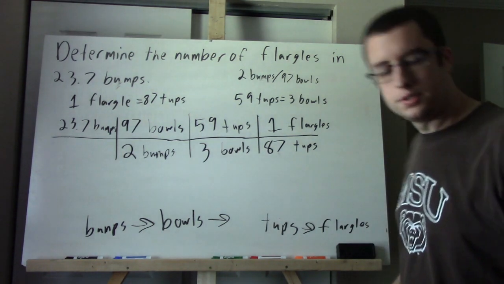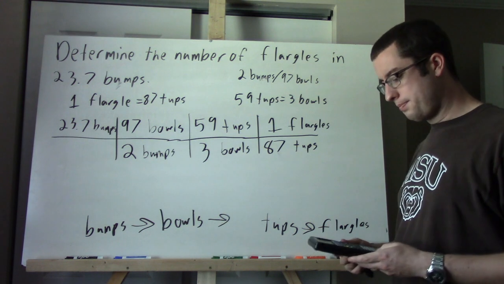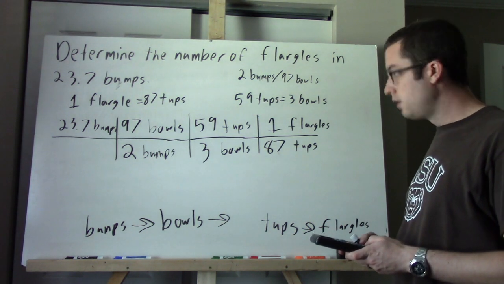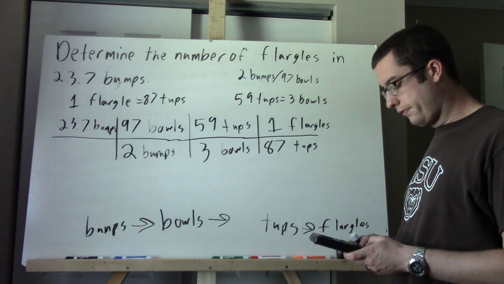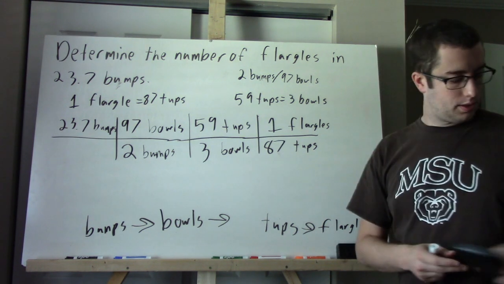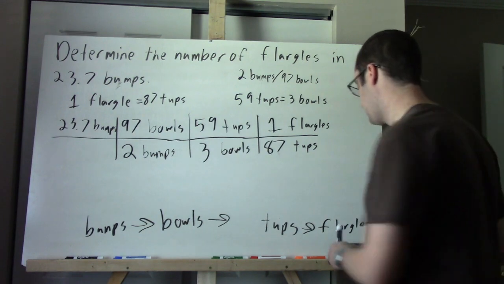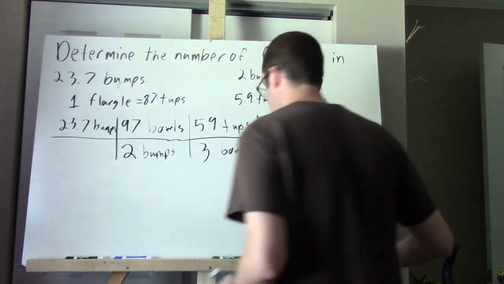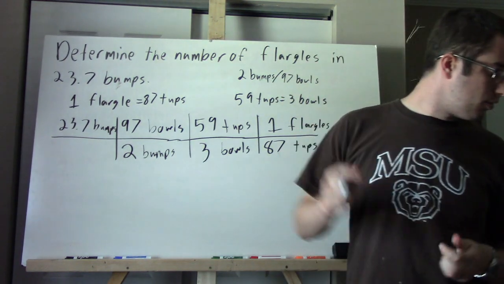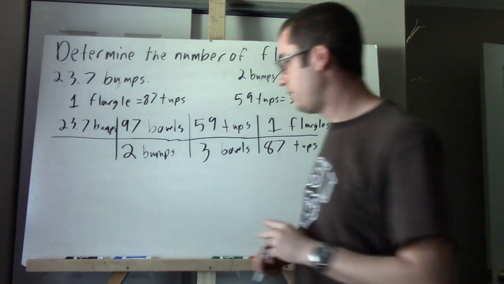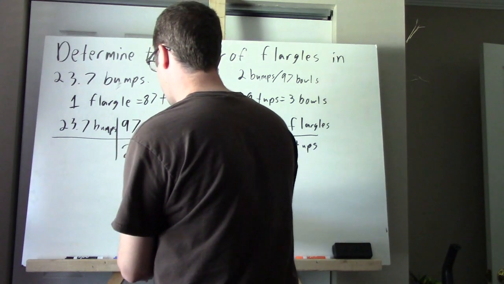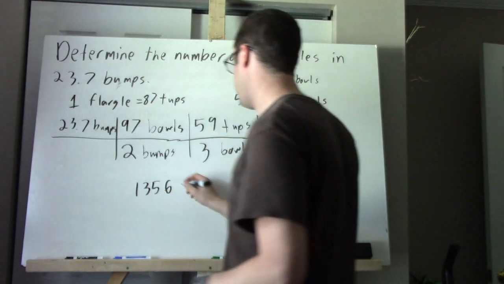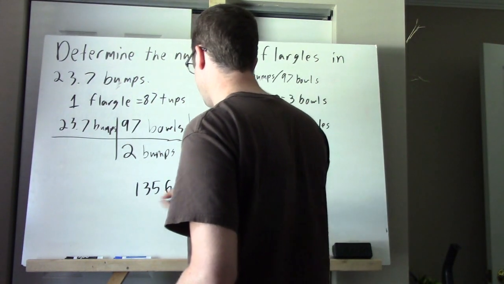From here, we can just multiply the top, multiply the bottom. So 23.7 times 97 times 59 times 1, it equals, let's go ahead and make us some room, 135,635.1.